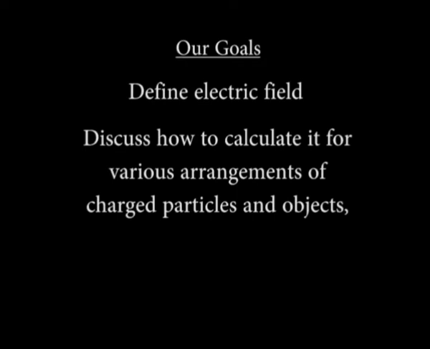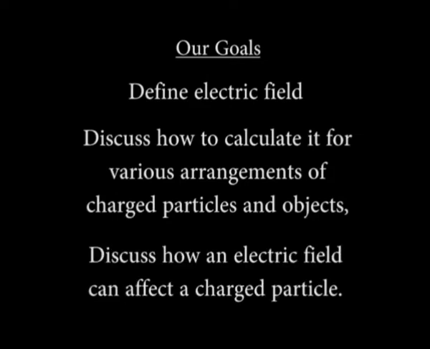Instead, particle 2 pushes by means of the electric field it has set up. Our goals in this lecture are to define electric field, discuss how to calculate it from various arrangements of charged particles and objects, and discuss how an electric field can affect a charged particle.